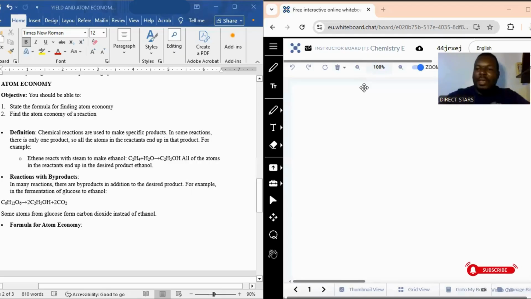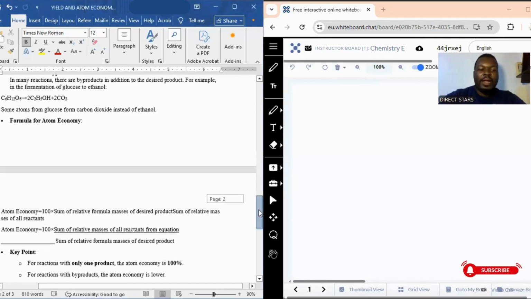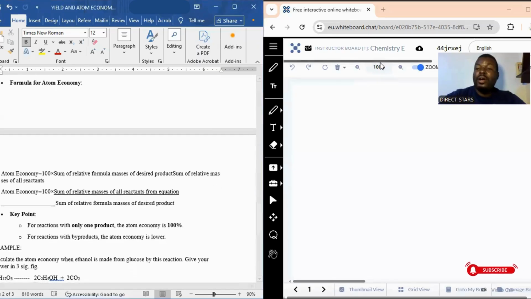So how do we determine the atom economy of a reaction? The formula is simple.